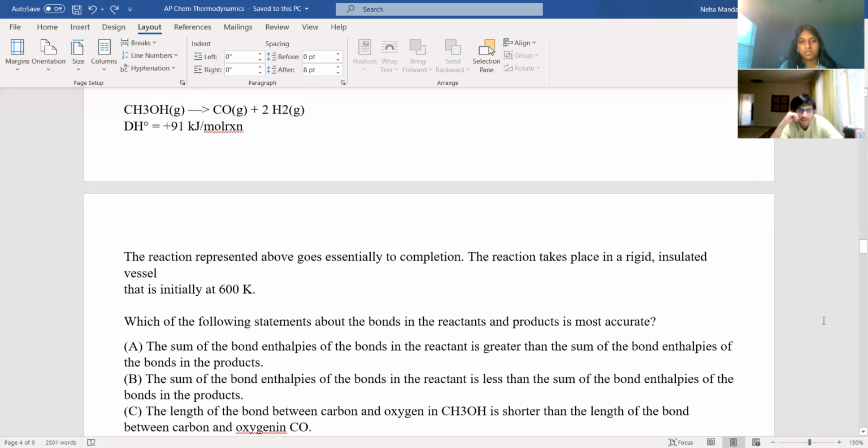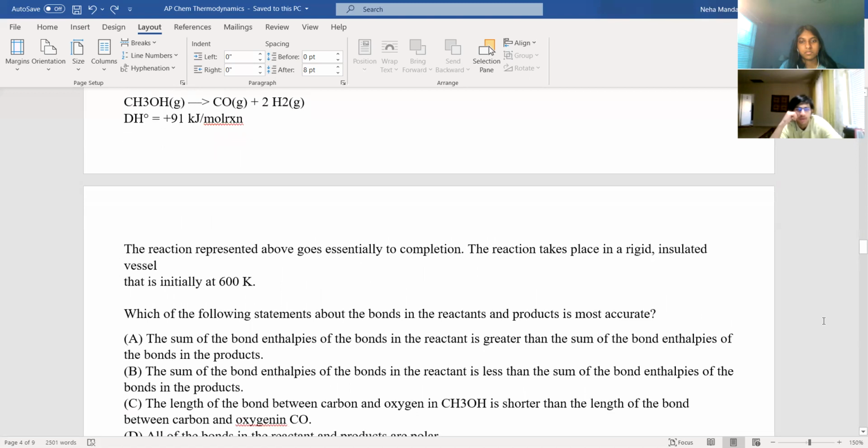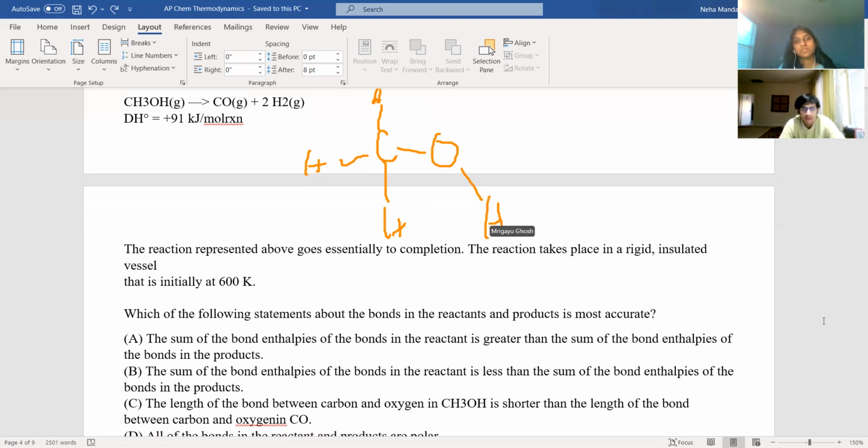Can we go back to the question? Or just that part. CH3OH is not all polar. You have a methyl group and then you have a hydroxyl group. CH, H, H, then O. I'm not exactly sure what this would look like, but would that be a double bond?